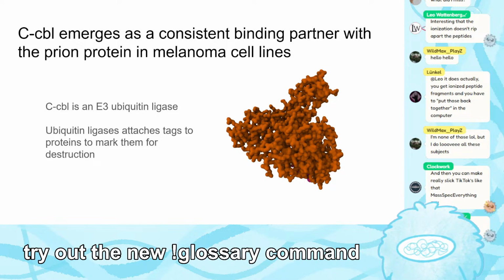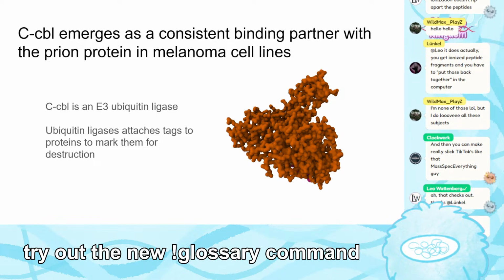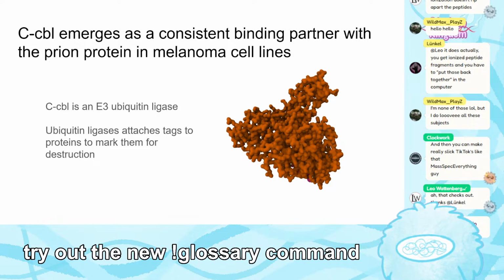So ubiquitin is a tiny protein tag that ubiquitin ligases attach to proteins, and that gives the protein the correct shape to enter what is called the proteasome, which is a protein complex that is kind of like a garbage disposal. It's like a horrible sarlacc pit of degradative chemical reactions that chew up proteins. So you can think of CBL as a protein destroyer. So the prion protein is consistently binding a protein destroyer.